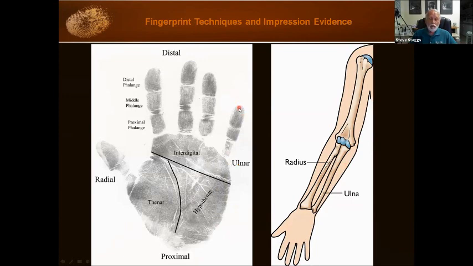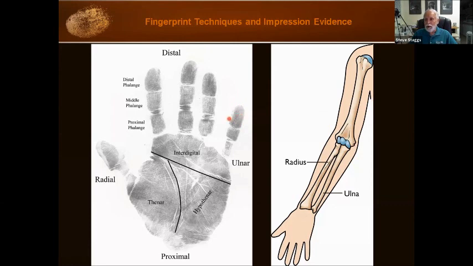So if our loop is flowing that direction, it's going to be an ulnar. So this is the left hand. If that's flowing this direction, it's going to be an ulnar loop.